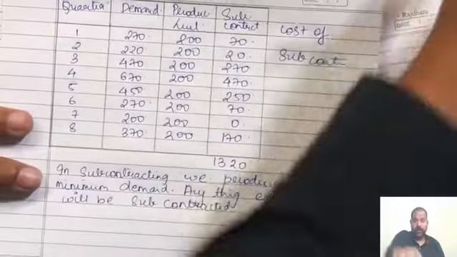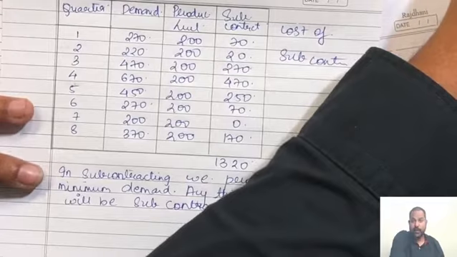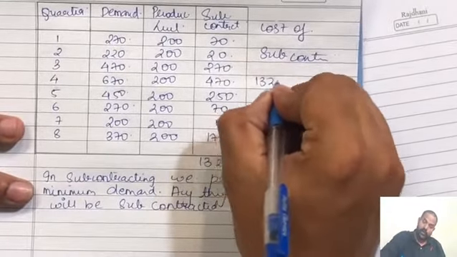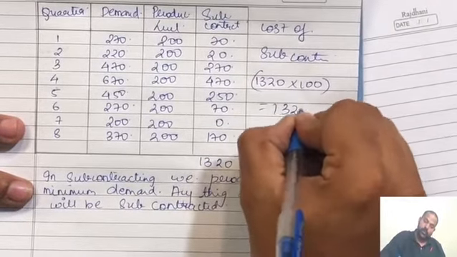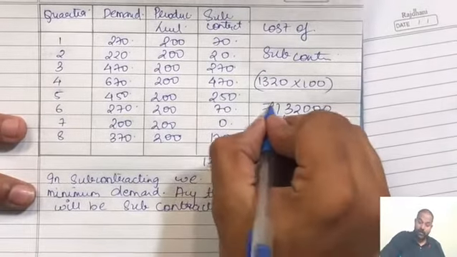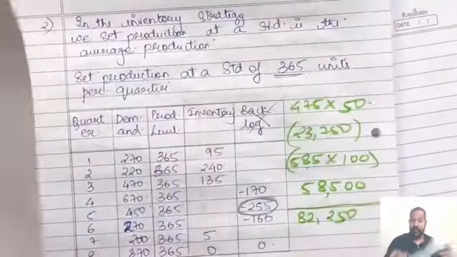What are you charging me for subcontracting? Well, for subcontracting, you are charging me 100 rupees per unit. I have subcontracted a total of 1320 units into 100, which is going to be 1,32,000 rupees.